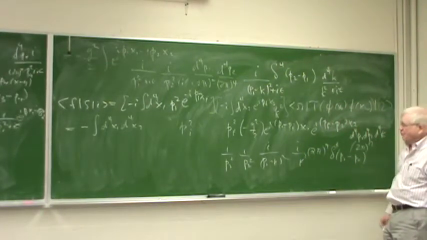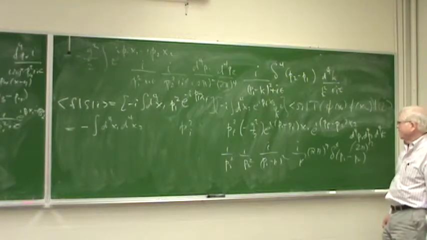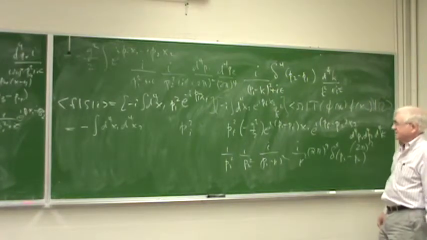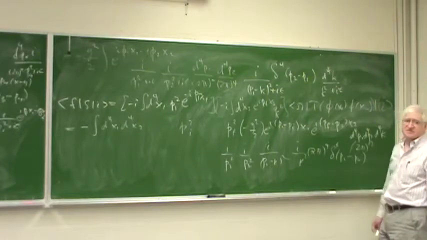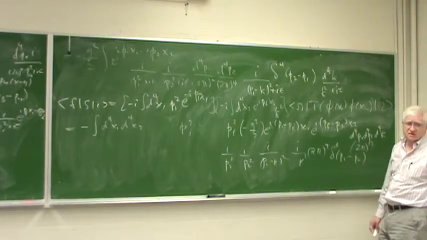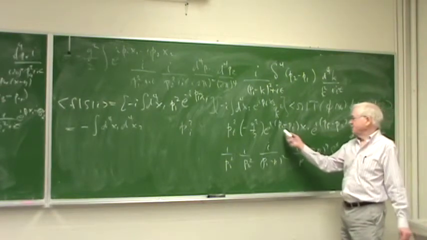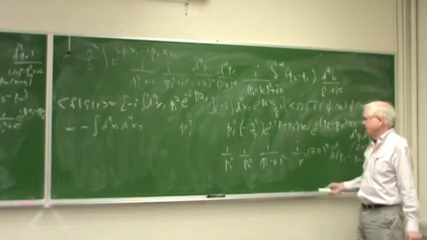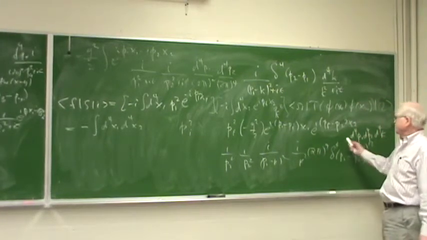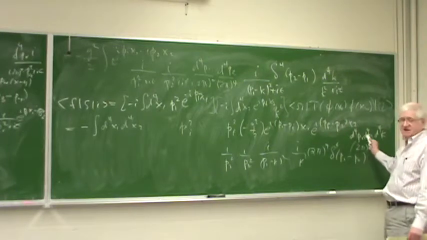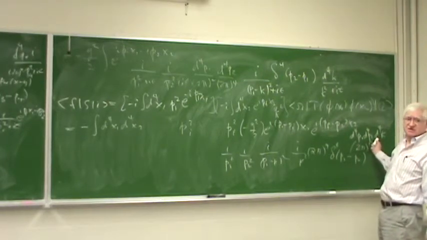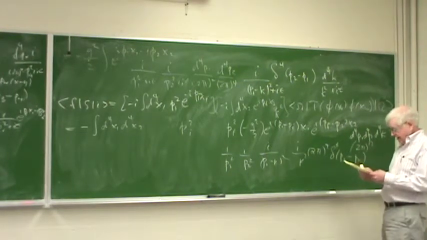Well, what happens here? First of all, the integral over dx1 and dx2 gives you two delta functions. That sets p1 equal to pi, and p2 equal to pf, so we immediately can do the p1 and p2 integrations.